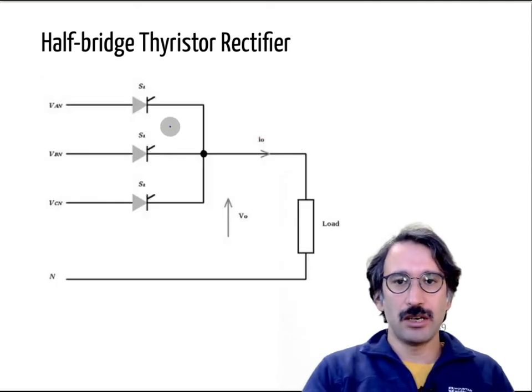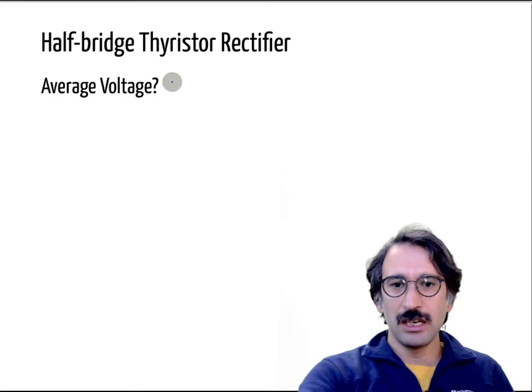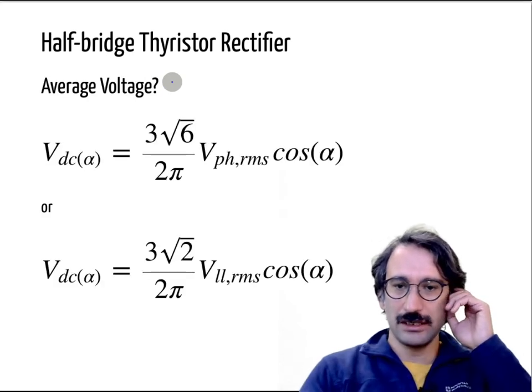So our equation becomes like that, and it is really similar to what we did with the diode rectifier, but instead of just jumping from phase A to phase B, then phase C, that transition can be delayed by applying a gate signal later on. So you can calculate that one.